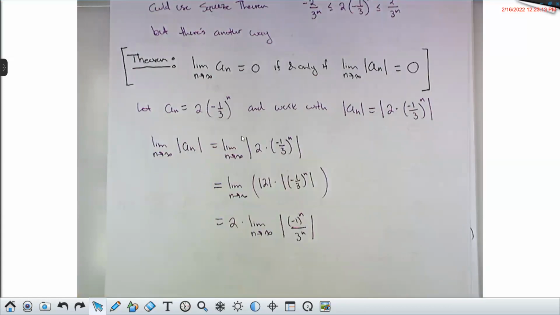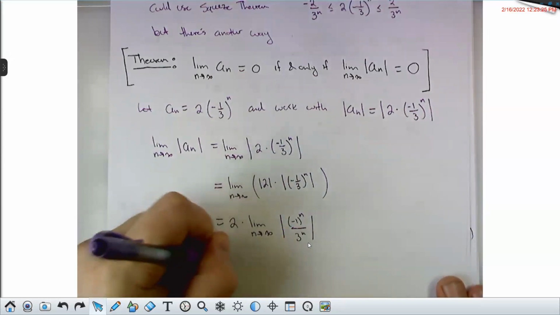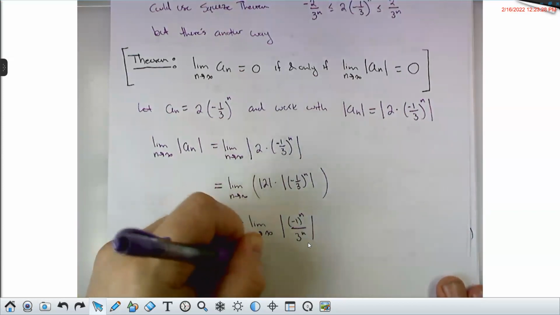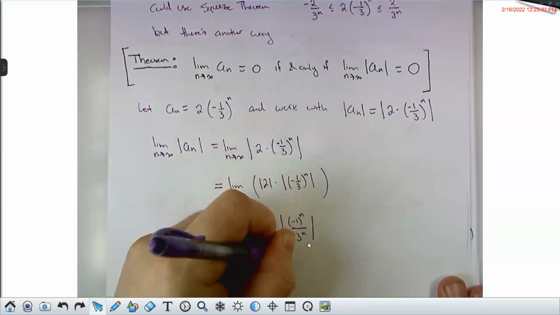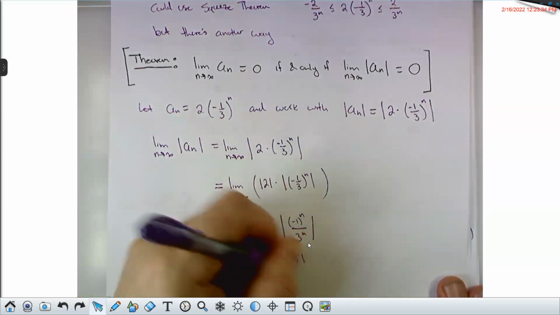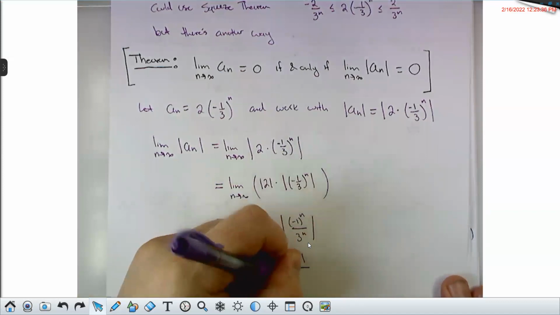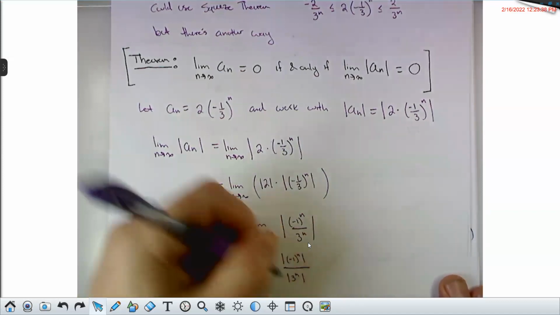And now, in addition to being multiplicative, playing nice with multiplication, the absolute value function plays nice with division as well. You can take the absolute value of the top and the absolute value of the bottom separately. So I get the absolute value of negative 1 to the n upstairs, and downstairs the absolute value of 3 to the n.